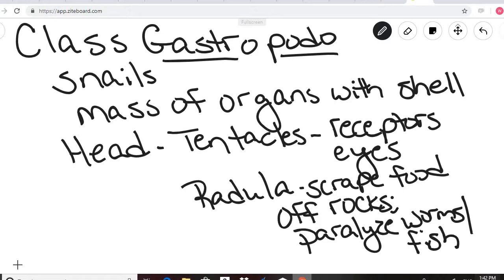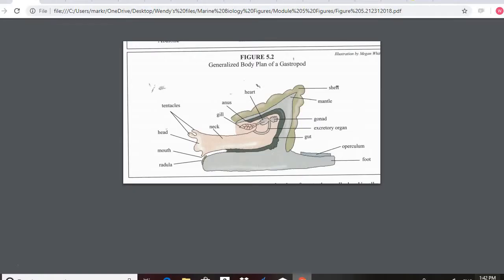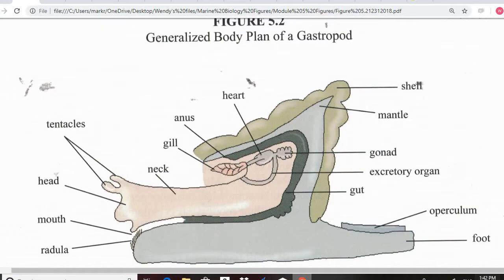Okay, so let's go ahead and look at a picture of a snail. Okay, so here's a snail, and remember I said that they're basically a mass of organs. So here's the mass of organs, and then we have this shell around them. The things I'll point out are, here's the radula.